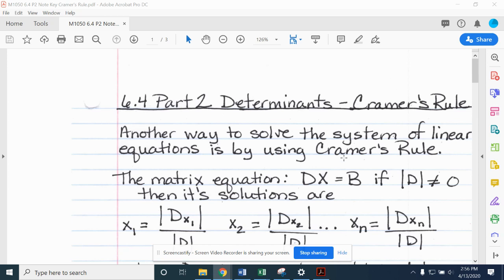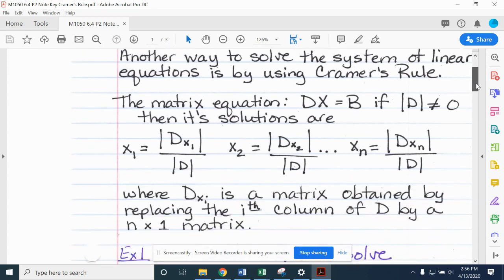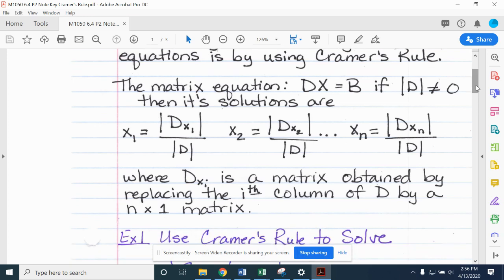But we can break this down and figure out the pieces. Now, as you're probably aware, there are many ways to solve a system of equations. This is just another method, and it's specifically called Cramer's rule. So to find the x value, we would find the determinant of x divided by its overall determinant.